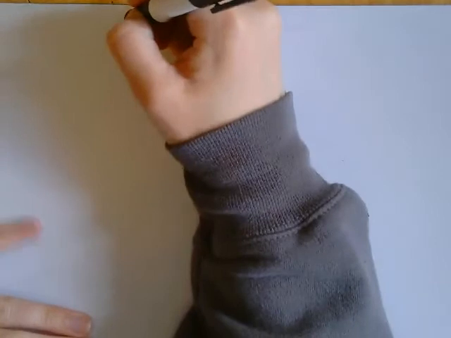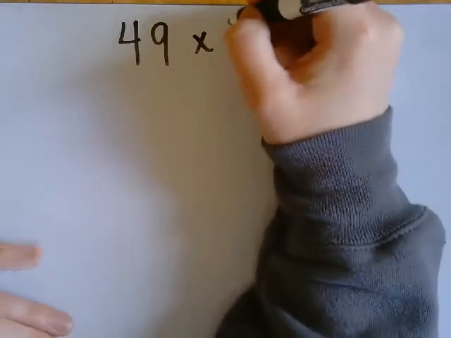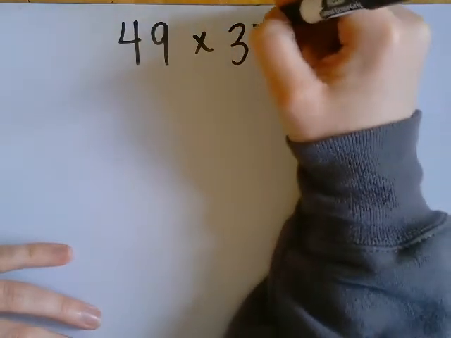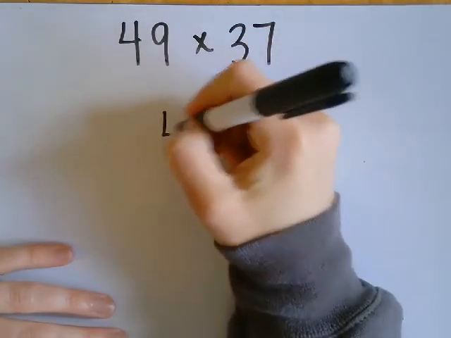All right, if I want to multiply 49 times 37, I need to write it vertically.